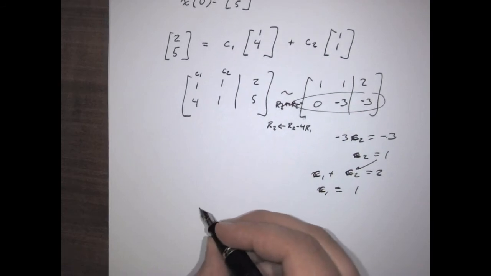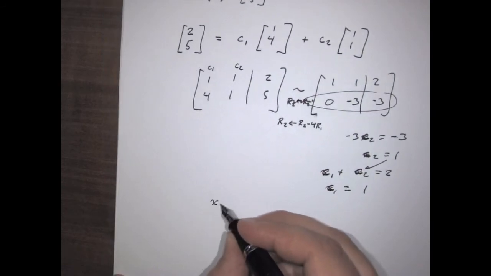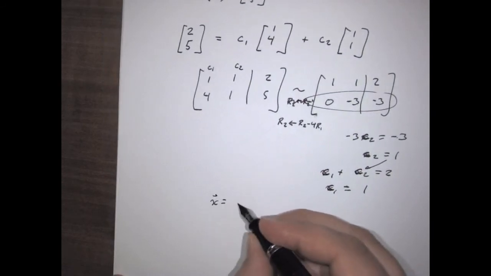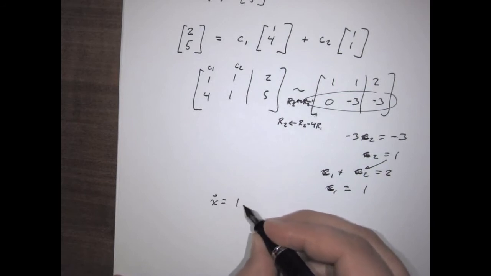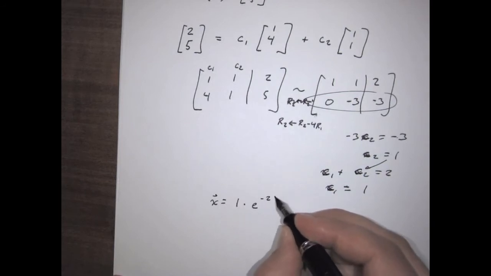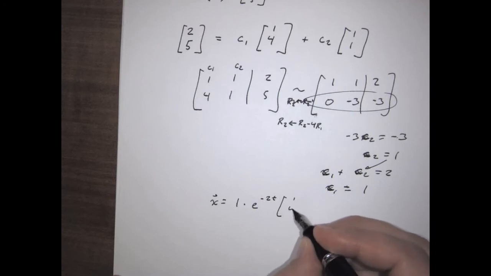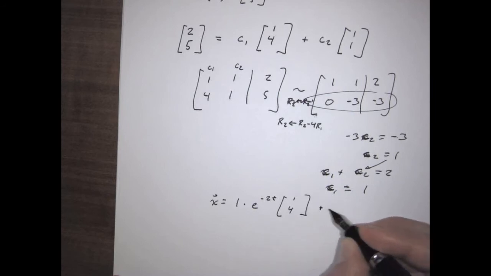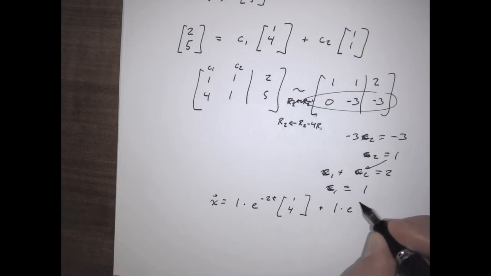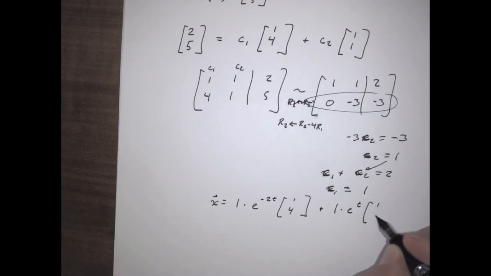So then, what that means is our general solution is going to be x equals just 1 times e to the negative 2t (1, 4) plus 1 e to the t (1, 1).